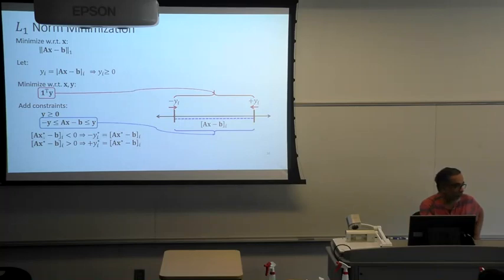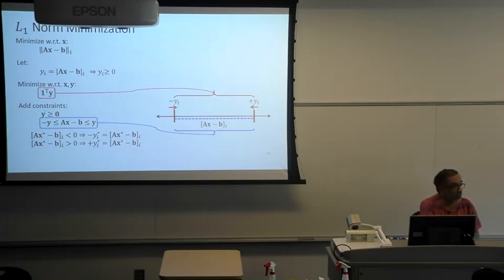So when we reach the solution, x star is the optimum, either if it's less than 0, then negative y_i equals ax star minus b_i, or if it's positive, then plus y_i star equals ax star minus b_i. Correct?